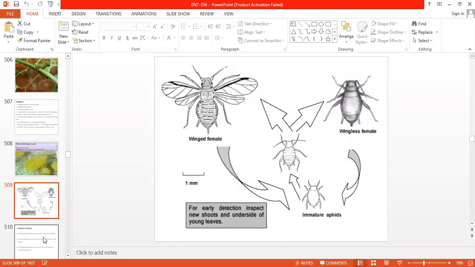Cloudy and cold weather, with temperature near 20 degrees centigrade or below, is most favorable for the multiplication of this pest. Winged forms are produced in autumn and spring, and they spread from one field to another, from locality to locality.